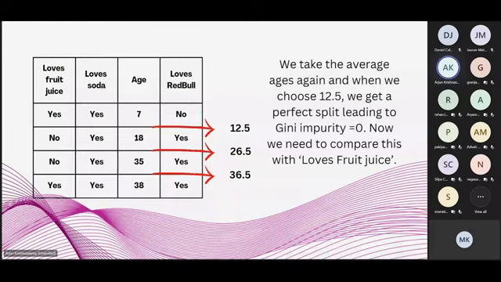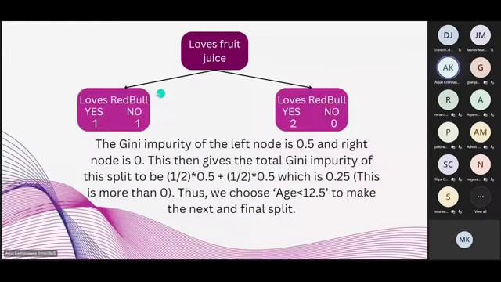We can also prove it by finding the Gini impurity for loves fruit juice, that is performing this split, and then we find the Gini impurity individually and the weighted average, and we get that the value is 0.25. I'll show you why. This is a pure node, so the Gini impurity is 0. This has half yes, half no, so Gini impurity is 0.5.